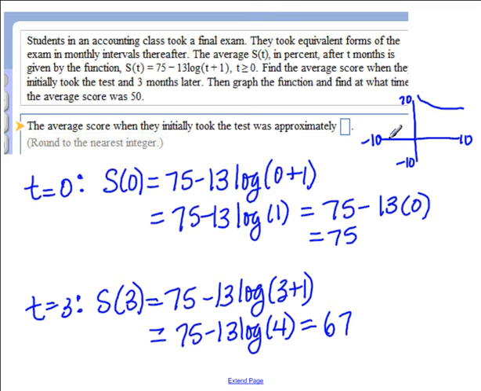There's a lot of things I can do to find out where those two things are equal. And when I graph y equals 50, I get this line, and they're not intersecting between -10 and 10. So if I want to see that on my calculator, I'm going to have to change my x max. So maybe let's change it to 30 and change my scale to 5.